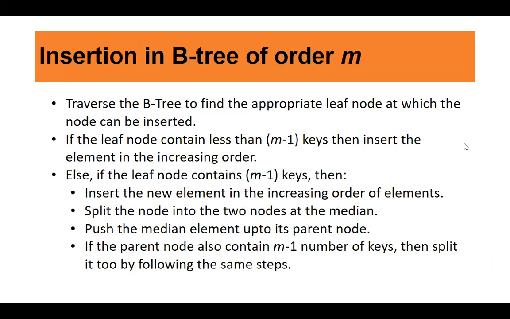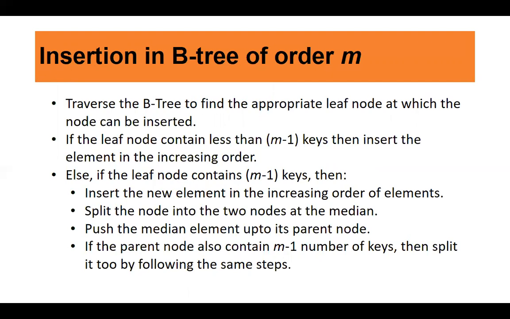Now, insertion in a B tree of order m. How do you insert a key or an element in a B tree of order m? You traverse the B tree to find the appropriate leaf node at which the element can be inserted.